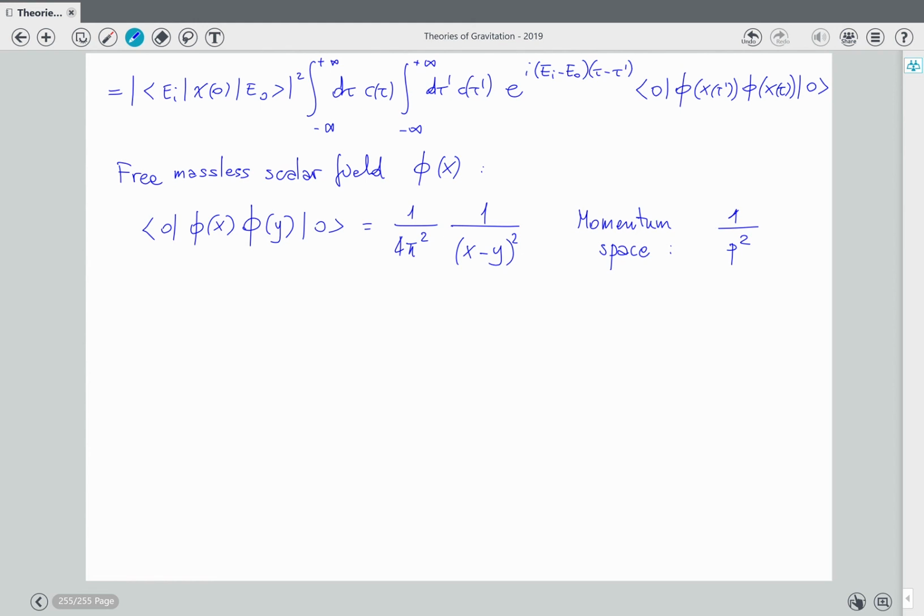Actually, we cannot decide what this Green function is yet, because this is not a T-ordered product. Because of the way we have built it, it is vacuum, operator, operator, vacuum. And that is not the T-ordered product. It's precisely the two-point function.